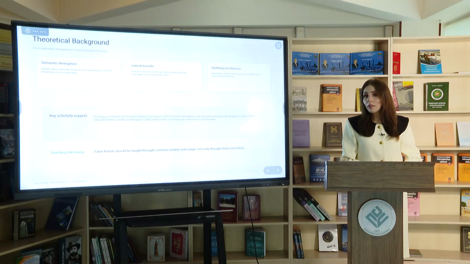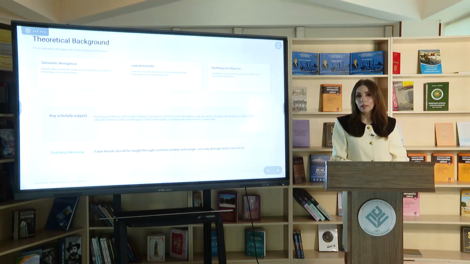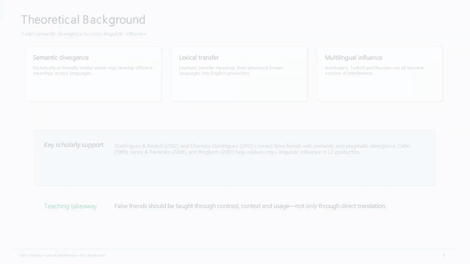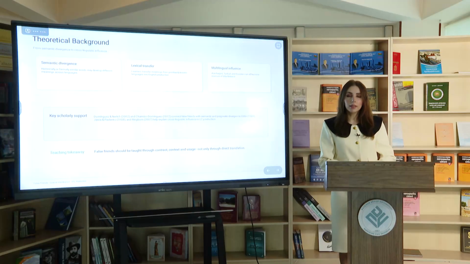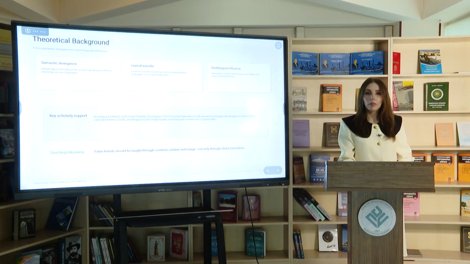The multilingual background can support language learning, but at the same time it also increases lexical interference.